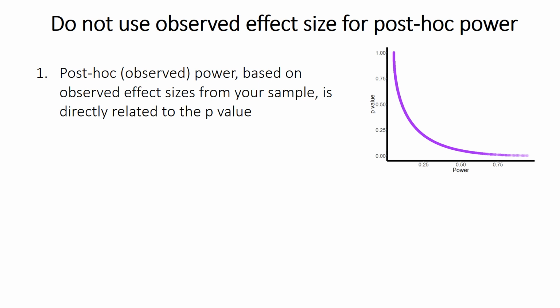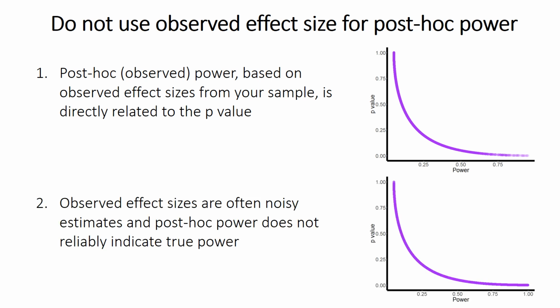Well, why not? Well, for one, the post-hoc, which means after the fact, so the post-hoc or the observed power from the effect size that you observed is just directly related to the p-value. So the graph on the right just shows a simulation of many random experiments showing how if you know the p-value, the power is exactly the same thing. It's not telling you anything useful here.